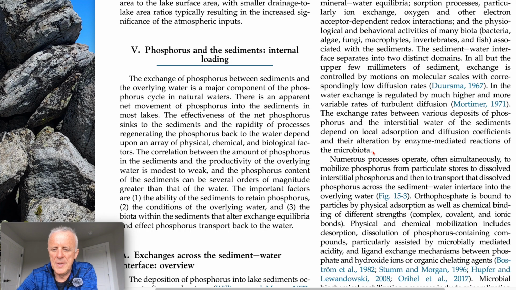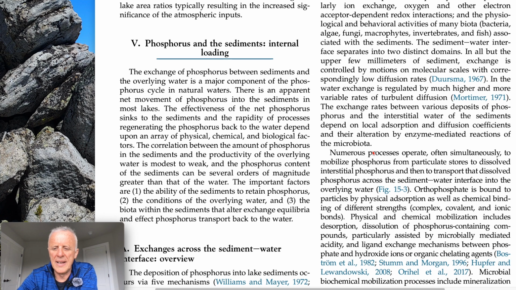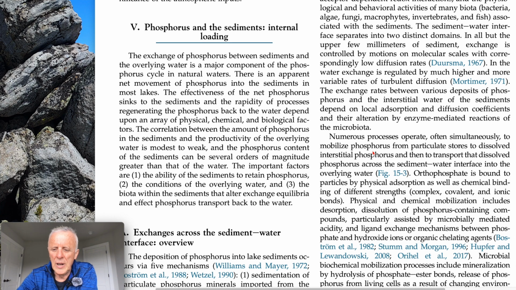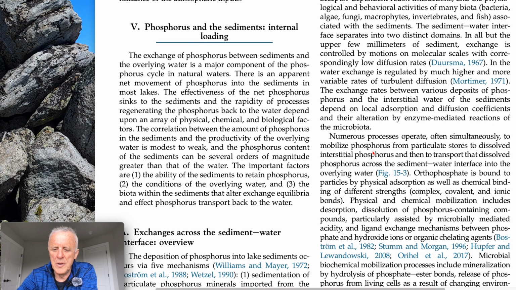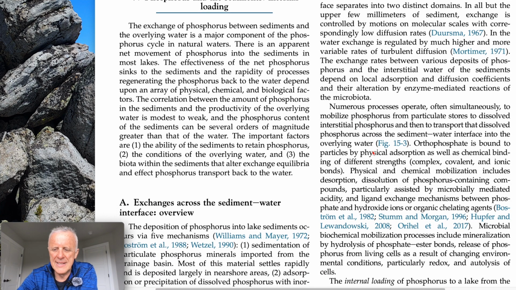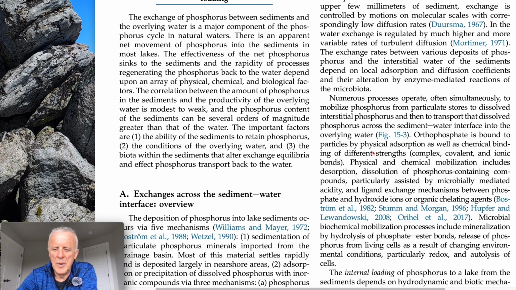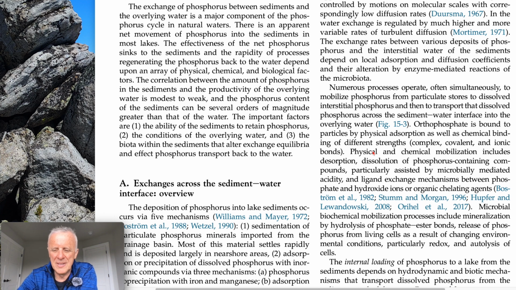The exchange rates between various deposits of phosphorus and the interstitial water of the sediment depend on local adsorption and diffusion coefficients and their alteration by enzyme-mediated reactions of the microbiota. Numerous processes operate, often simultaneously, to mobilize phosphorus from particulate stores to dissolved interstitial phosphorus and then to transport that dissolved phosphorus across the sediment-water interface into the overlying water.